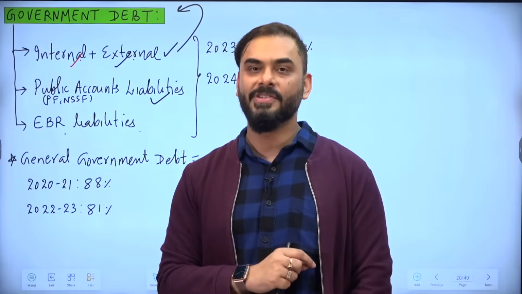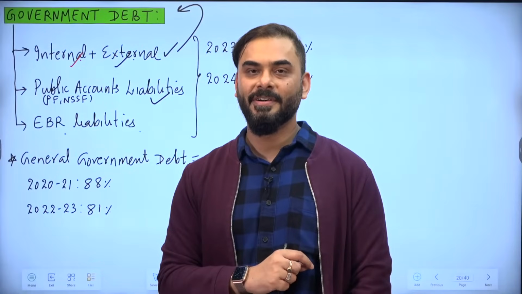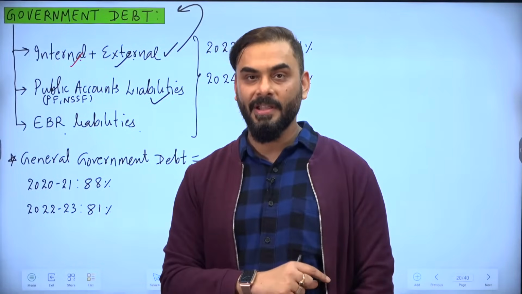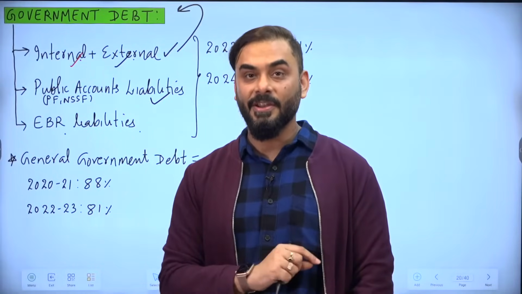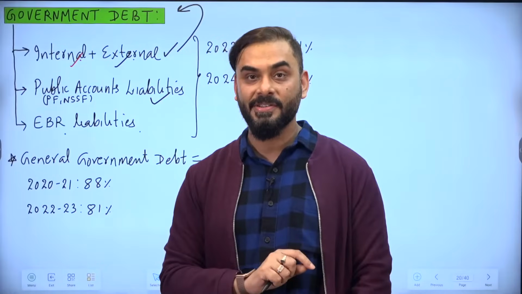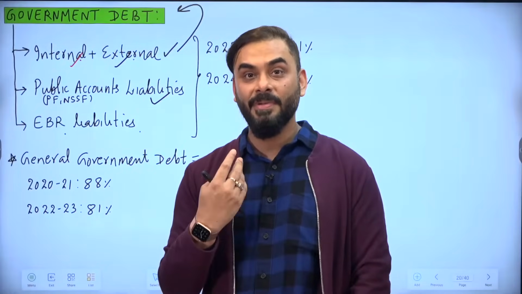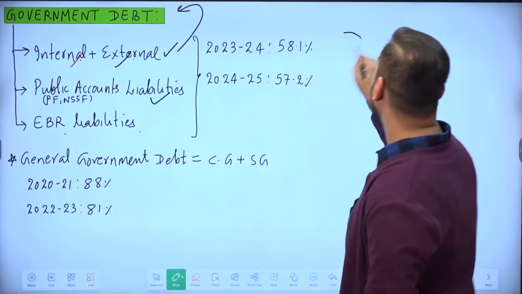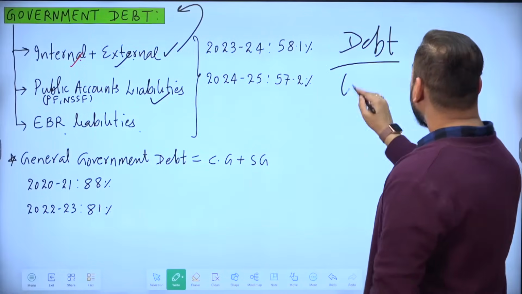The IMF released a report and said that the debt of the Government of India, in a worst case scenario, if things are not okay for India, could become 100% debt to GDP ratio. What is the meaning of debt to GDP ratio?